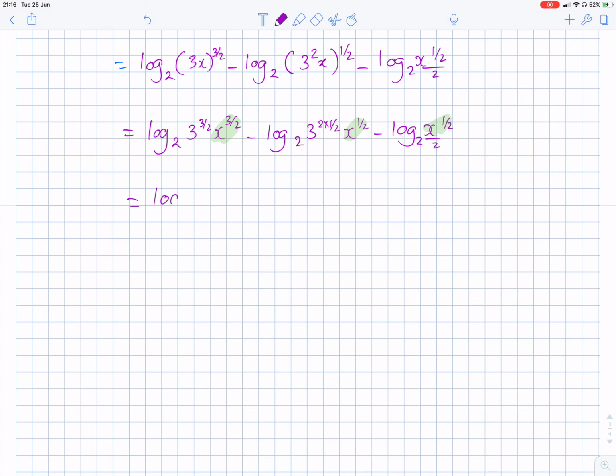So this becomes log to base 2 for this 2 here. Let's take this 2 first. We'll change color.